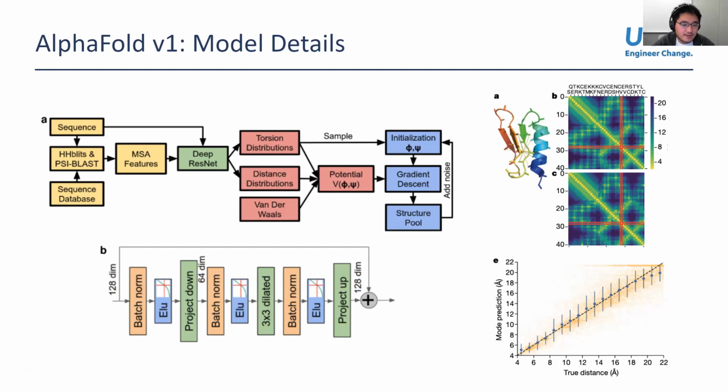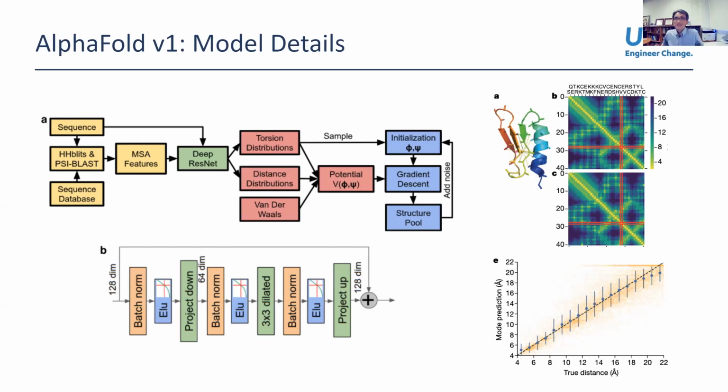They use that information to predict the angle, do the back propagation, and also determine a loss function about the distance between the ground truths and our predictions. So this is the general pipeline of models for AlphaFold version 1.